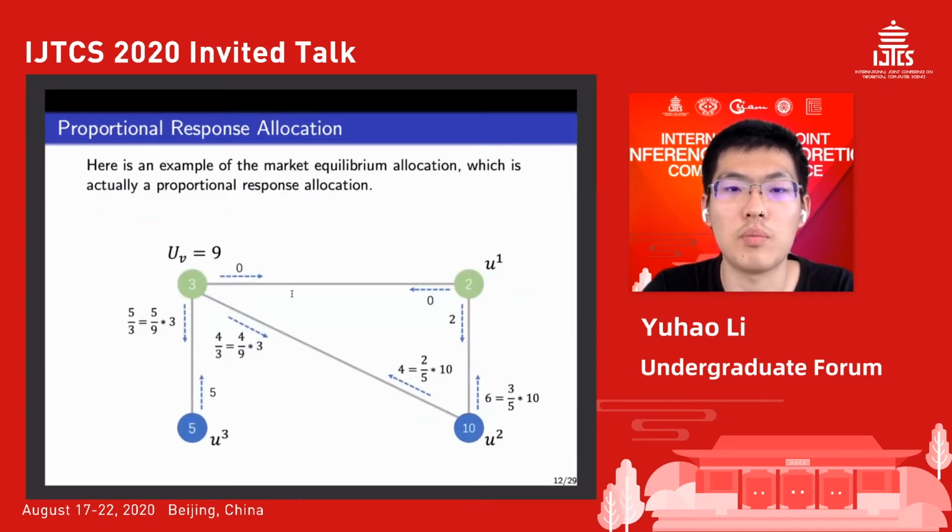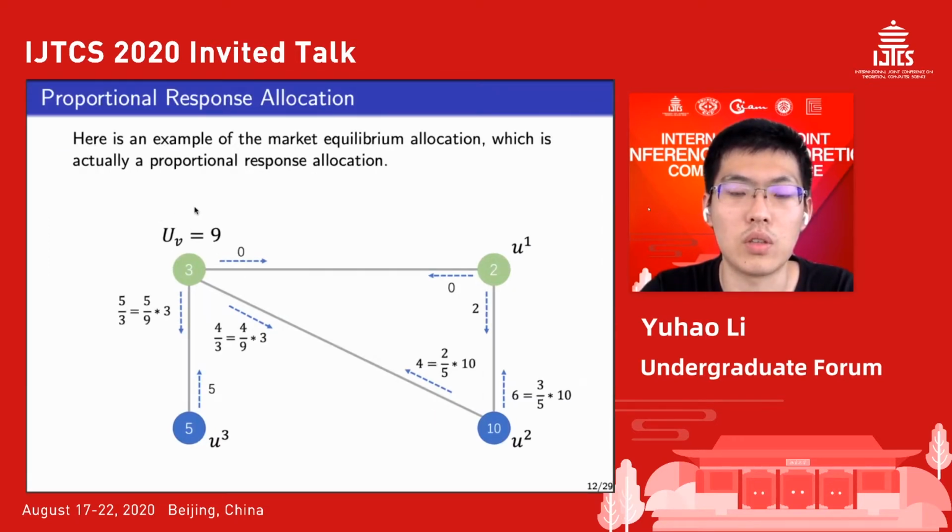Here is an example of the market equilibrium allocation, which is actually a proportional response allocation. For example, if we focus on the vertex V, the total resource he received is 9 units, 4 from U2 and 5 from U3.